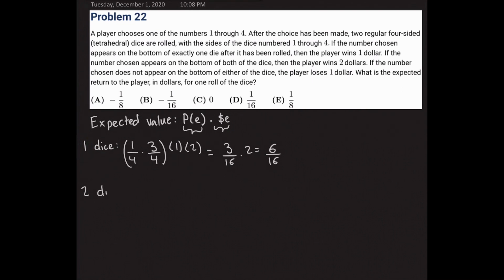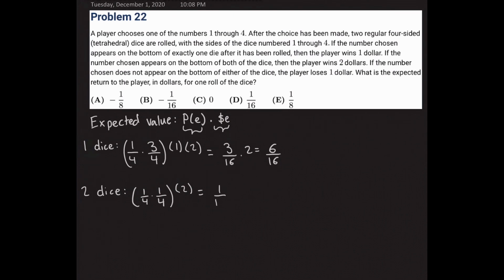Our second scenario is with two dice: the probability of your number appearing both times. So the probability of it occurring the first time is 1 over 4, times the probability that it occurs the second time is also 1 over 4. Now, the question says that you win $2 from this. And we don't have to multiply by anything else, because if your number gets rolled both times, that can only happen in one arrangement.